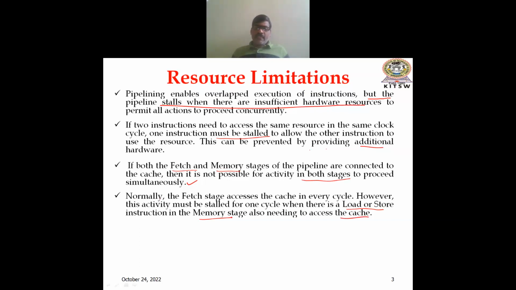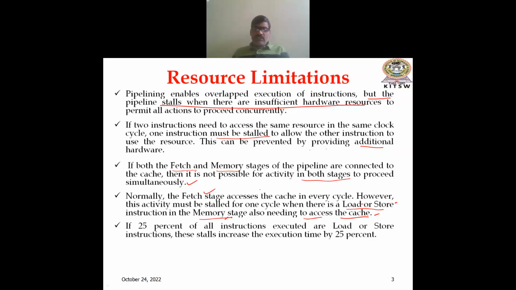When we are executing load or store instructions, a minimum of two clock cycles is required, because when we are writing data into memory we need to access the cache as well.